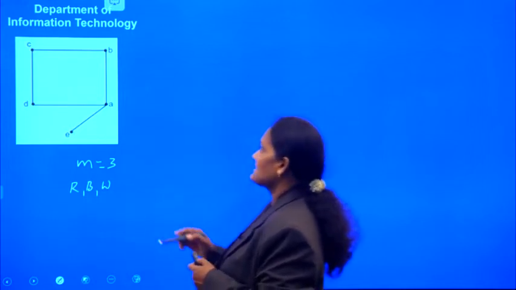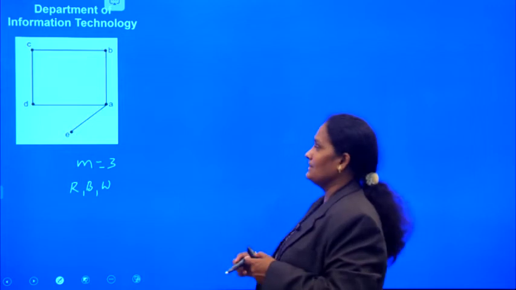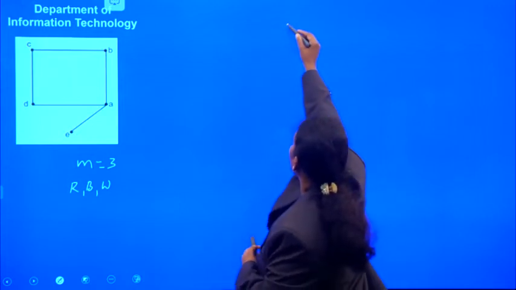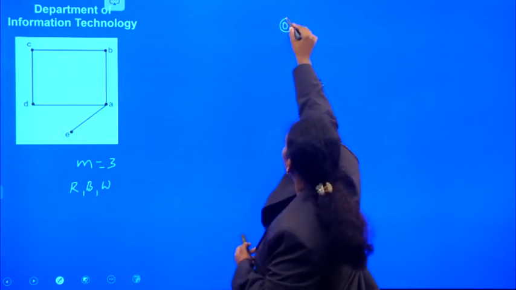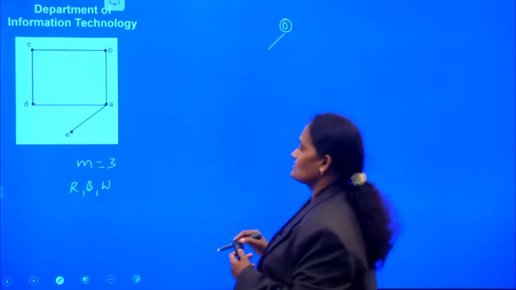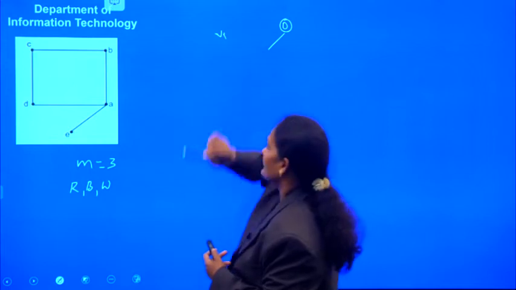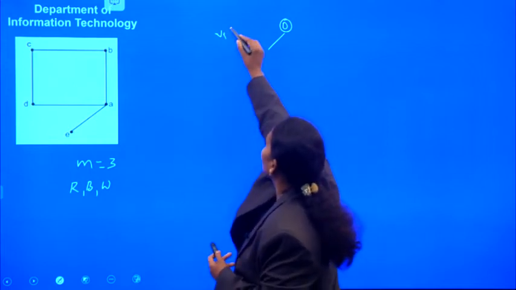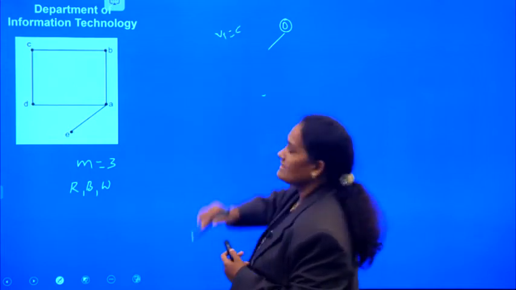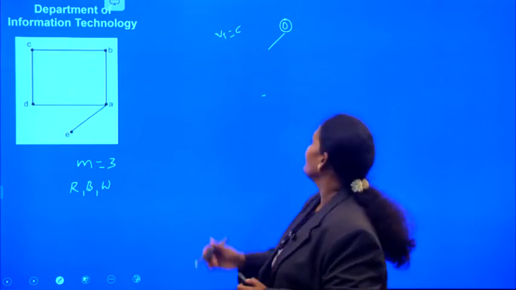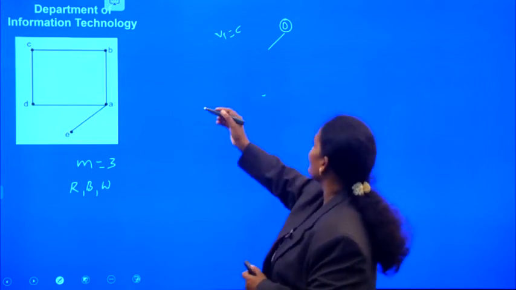Now let us see for vertex 1. Initially the state space tree starts with 0. For vertex 1, let us take that vertex is C. Now what color can I use for C?